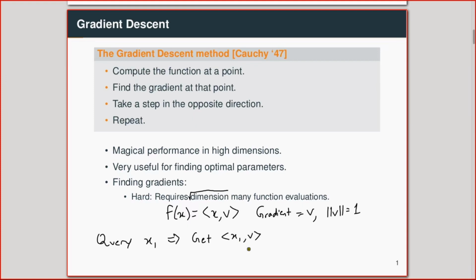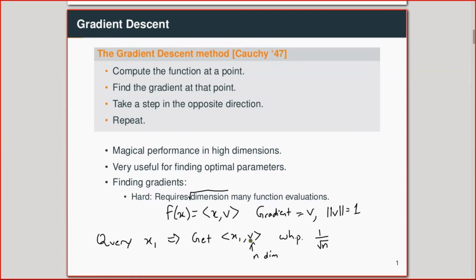And there's a very important lemma which says that if you're in n dimensions, if v is completely random, then no matter what x1 you take, with high probability, x1 inner product v will be between 1 by root n and minus 1 by root n.